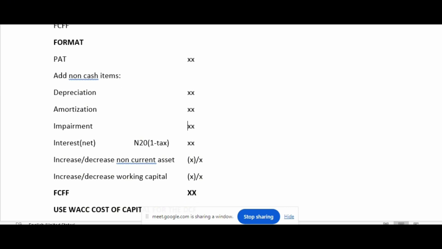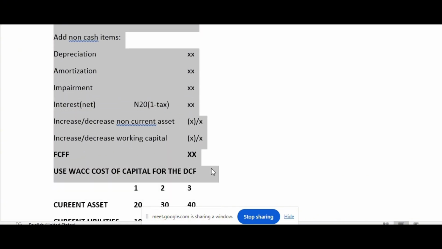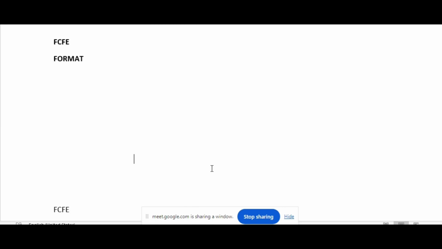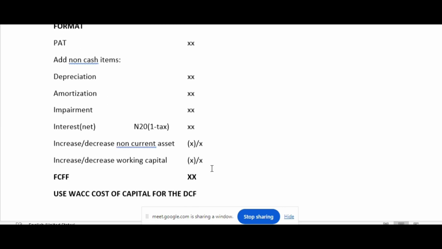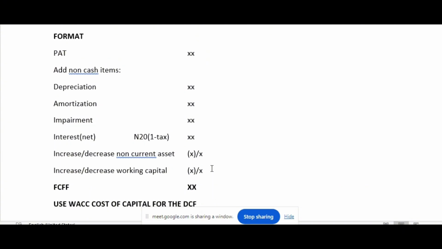Now, the only difference is that this is free cash flow to the firm, whereas here you are talking about equity holder. When you talk about equity holder, you don't talk about interest, because equity holders are not collecting interest.